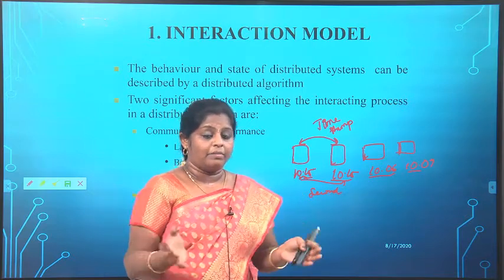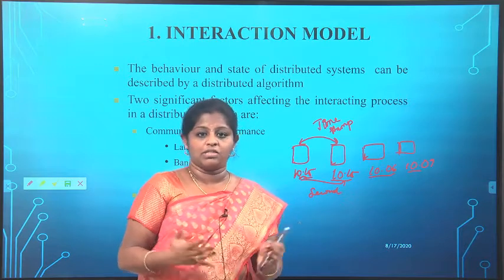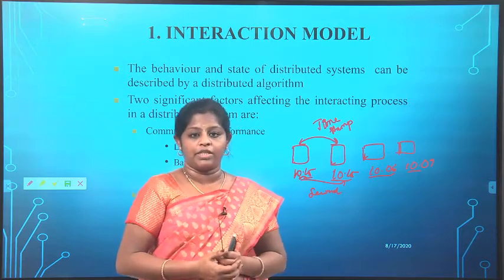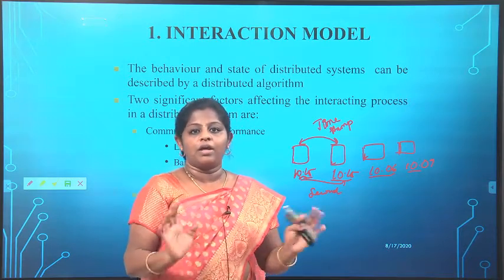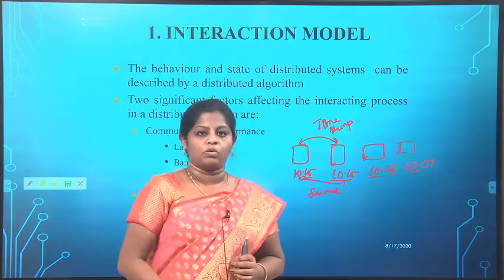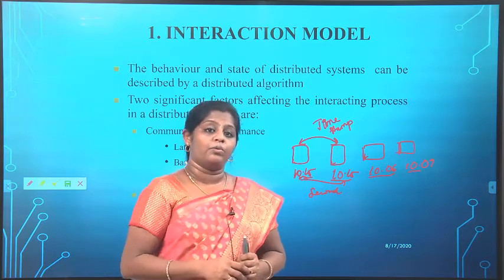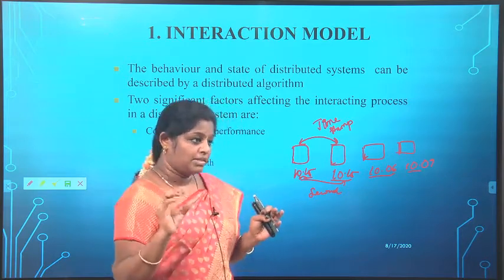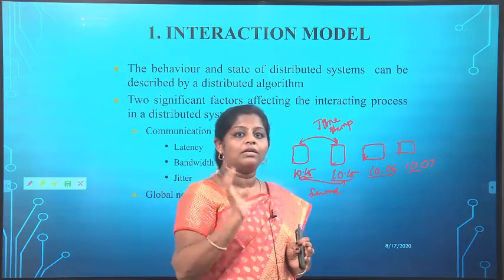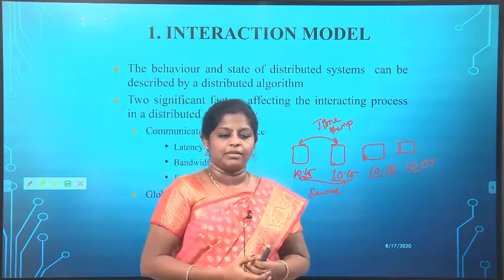Even if 5 to 10 members are there, just check the timings on the mobile phone with the help of GPS. We all have the same time, because the mobile phones all receive the same timings with the help of GPS. So this is one of the techniques used to synchronize the times in all the systems connected in the distributed system.